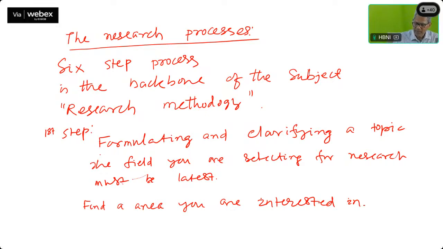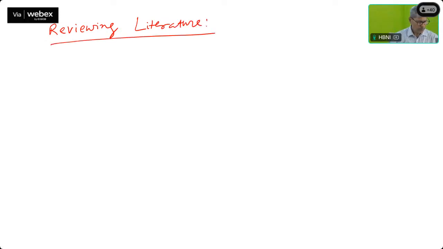So the first step, as I told you, formulating and clarifying a topic, is very important when you are going for research. The next process is reviewing literature. You have to see and identify what has already been done or not done.